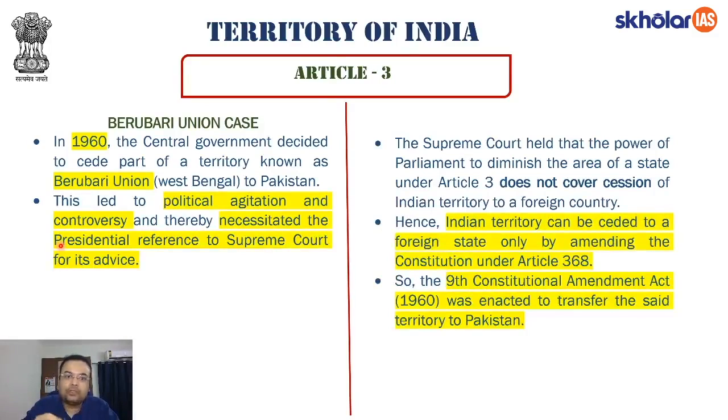When the Berubari Union case came to the Supreme Court, the Supreme Court said that whenever you are ceding the territory of India, what exactly are you doing? You are changing the map of India. The moment you are changing the map of India, you are changing the nature of Article 1, because Article 1 clearly says that India, that is Bharat, encompasses everything that we call Bharat as on that day.